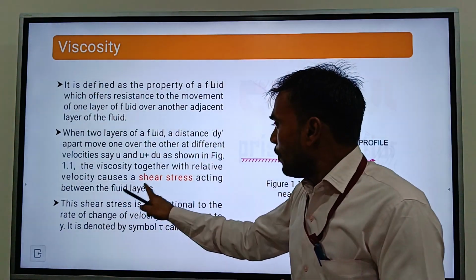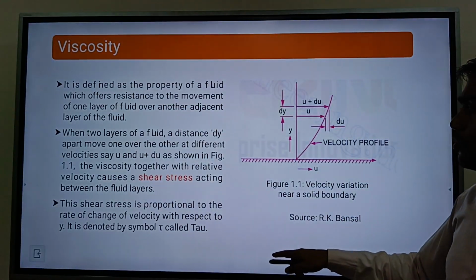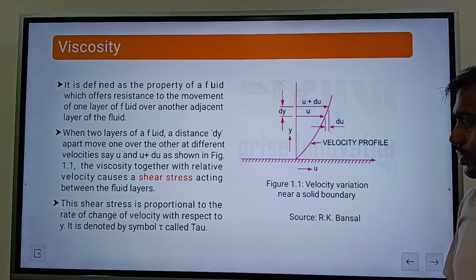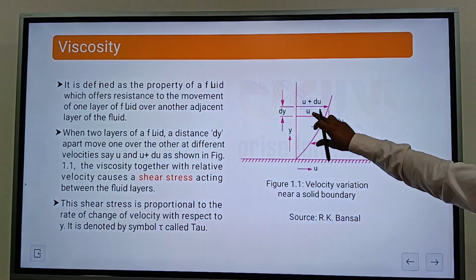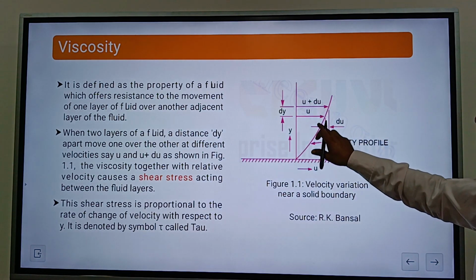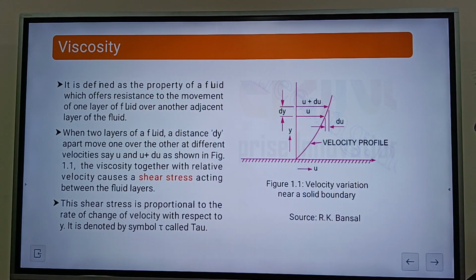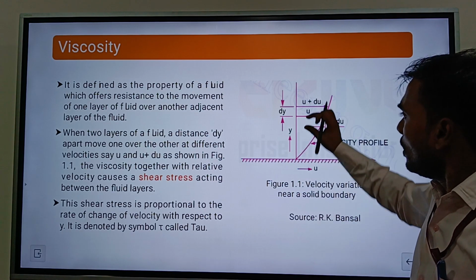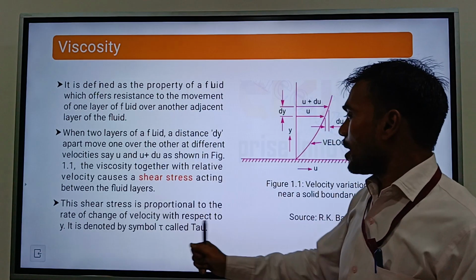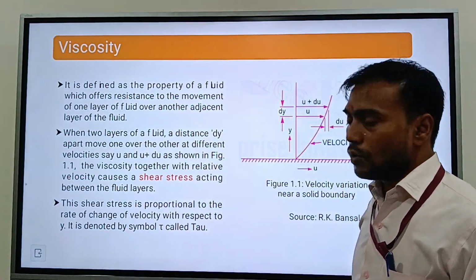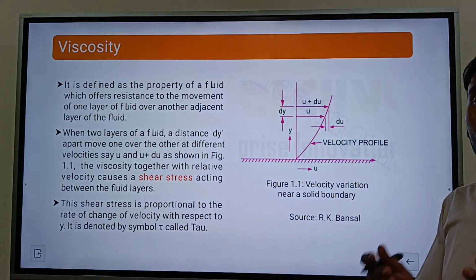Now the value of shear stress is proportional to the rate of change of velocity with respect to y. Means the shear stress developed between these two layers is proportional to the rate of change of velocity with respect to the depth, that is y. Okay. And this can be represented as tau. Tau is basically shear stress.